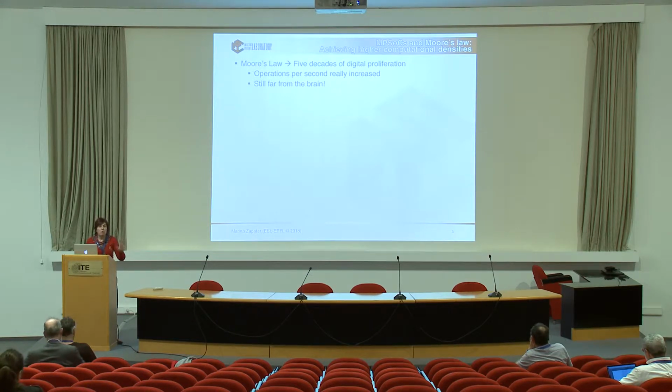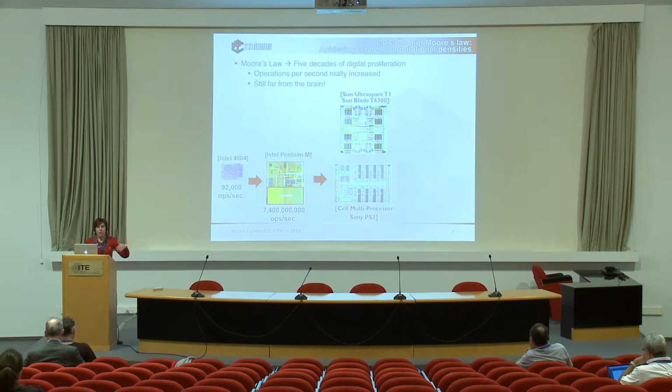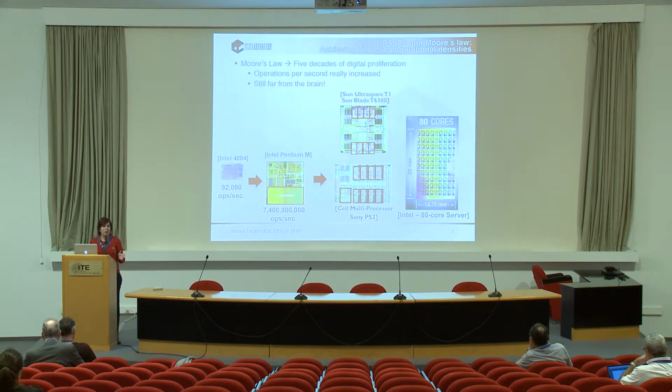Okay? So the thing is that so far, we were happy with that. While Moore's law was working, we were having more and more transistors per chip, and that was okay. We were having more and more operations per second with more transistors. So we were going from the first processors, not doing so many operations per second, and increasing the number of transistors per chip, also increasing the number of cores per chip, until reaching up to 80 cores or even more on new processors, right?